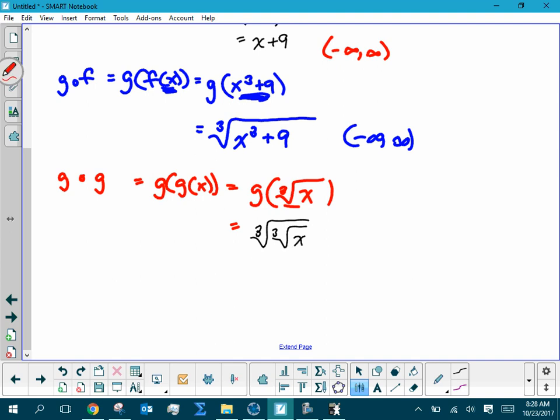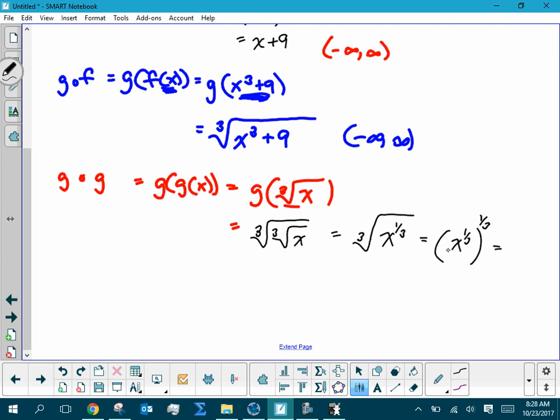If you want to do a little bit of algebra here, the cube root of x is the same thing as x to the 1/3, right? Does that make sense? So I could write it this way. I've got another cube root here, so I could rewrite this as x to the 1/3 raised to the 1/3.